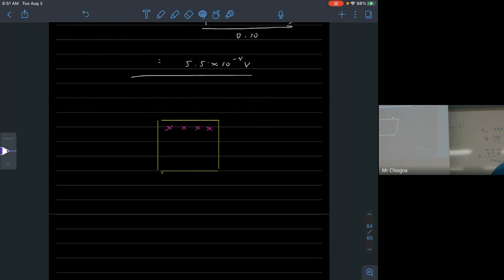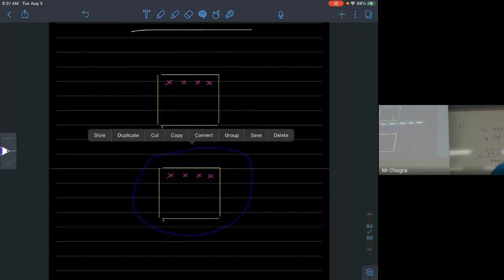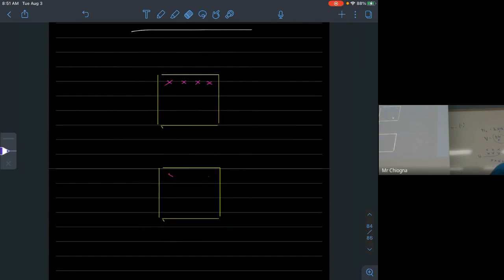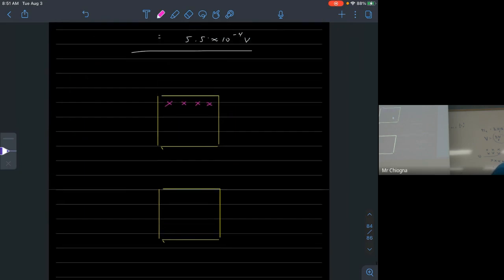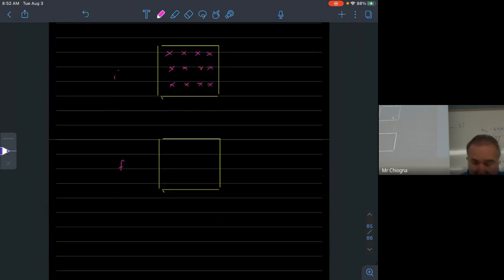Actually, let me circle this first, and then I can make a quick copy of it. So you go from the top version, this is what you start with initially, to this, essentially there's no magnetic field passing. I know it's parallel, but the point is there's no magnetic field cutting through the area. So that's your final case.